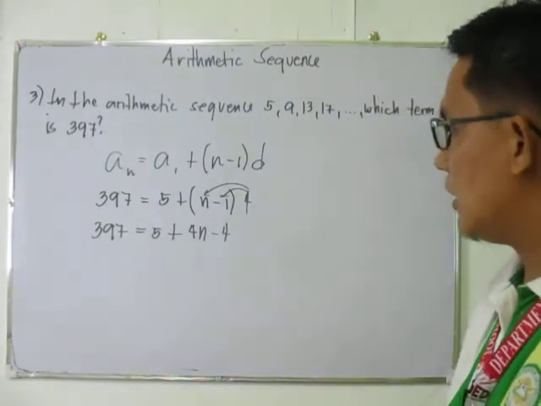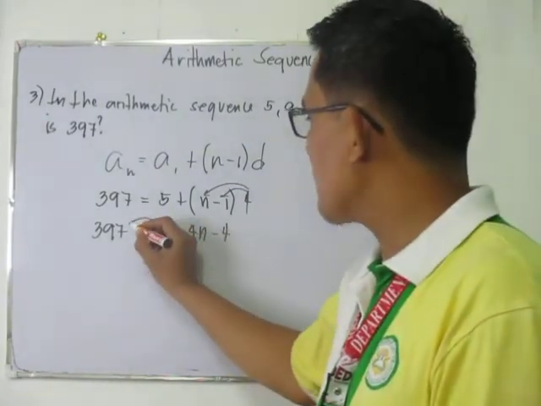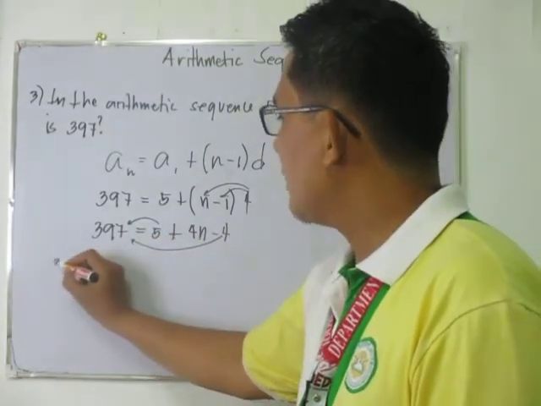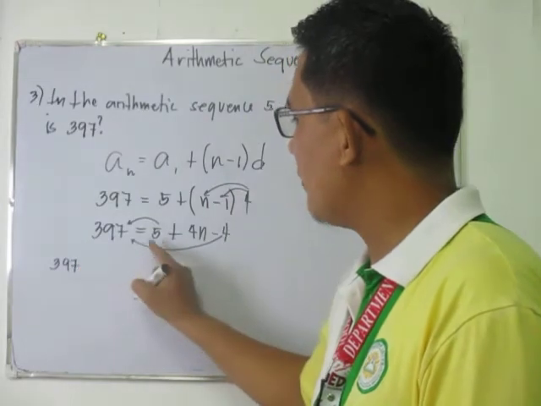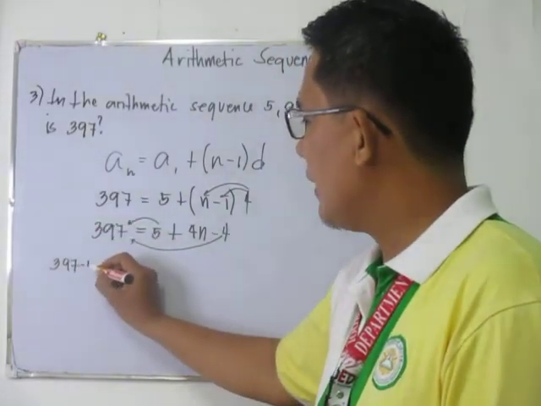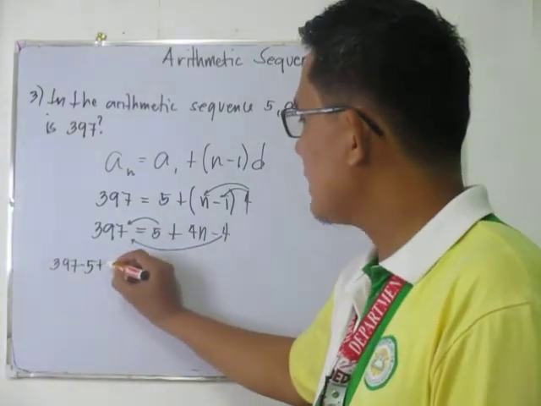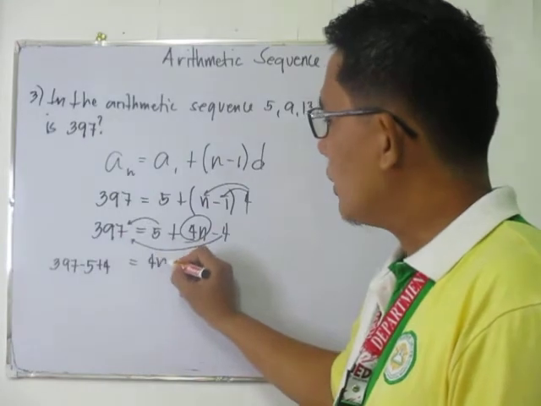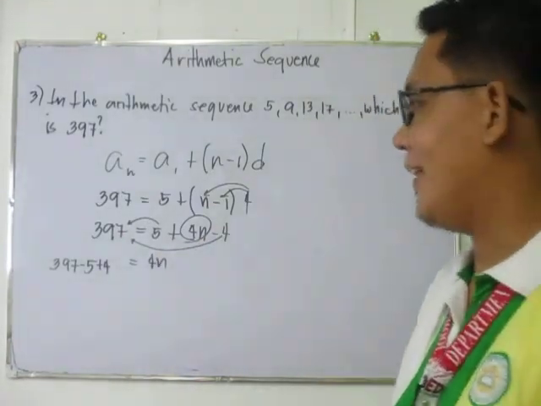Then combine like terms. So therefore, we're going to transpose 5 to the other side, and 4 to the other side. That becomes 397, subtracting 5 and adding positive 4, is equal to what is left, only 4n. Then simplify.